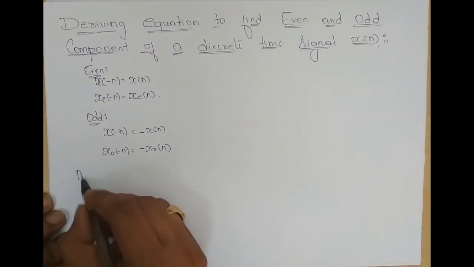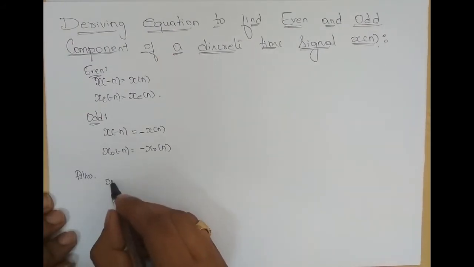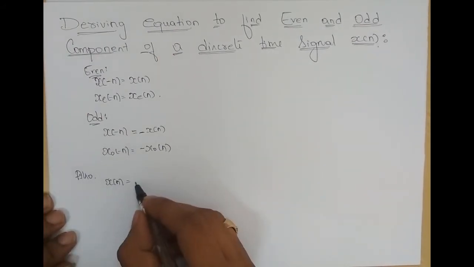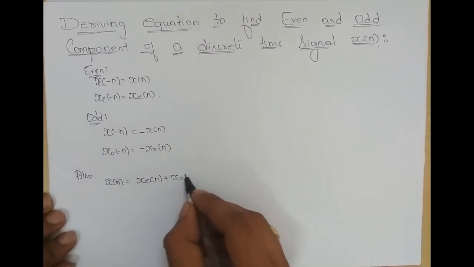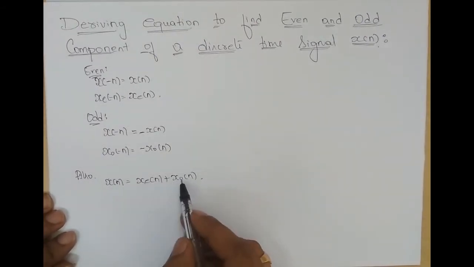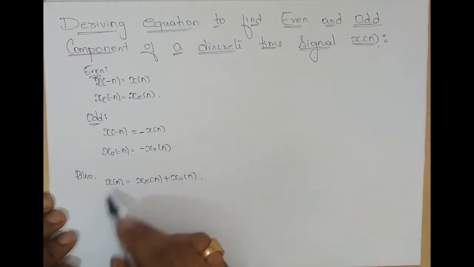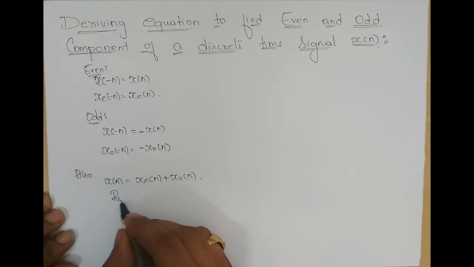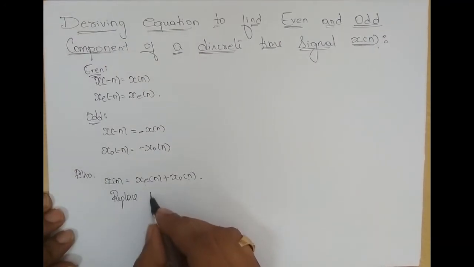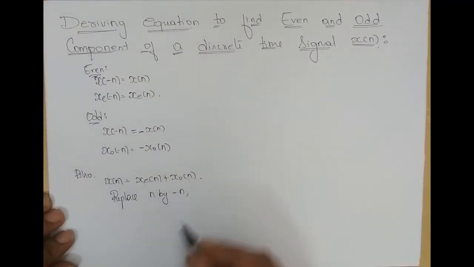Now also any arbitrary signal x of n can be represented by the sum of its even component xe of n plus odd component xo of n, where xe of n and xo of n are the even and odd components of the signal x of n respectively. So replace n by minus n. What do we get?